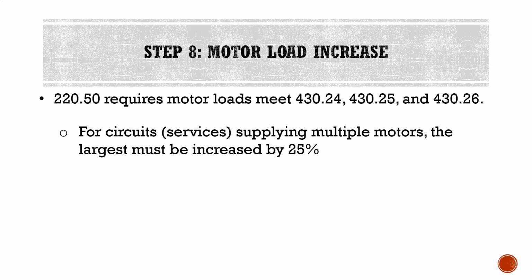If you recall, back when we were doing our motor load calculations, our branch circuit conductors had to be rated at 125% of the motor FLC. And for feeder circuit conductors supplying multiple motors, they had to be rated at 125% of the largest motor.